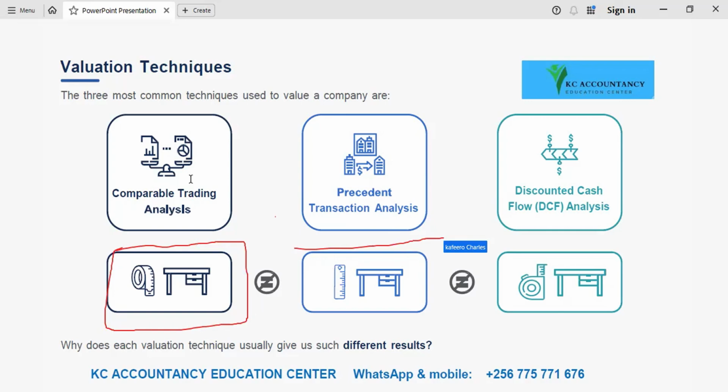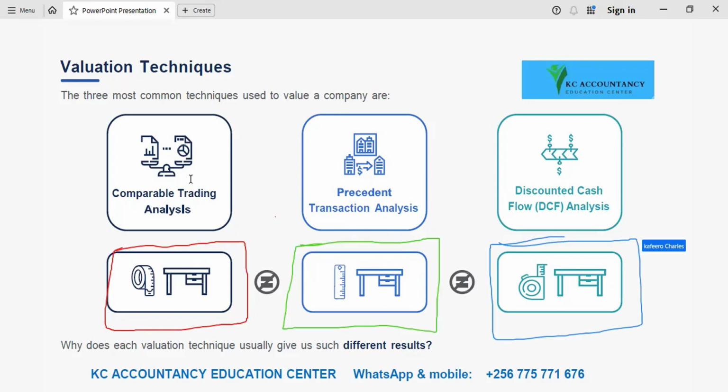Let me just change the color for this. So, we have those three diagrams. Let's suppose that we are not trying to measure the value of the company. Let's pretend that we are trying to measure the height of the desk. This is our desk.